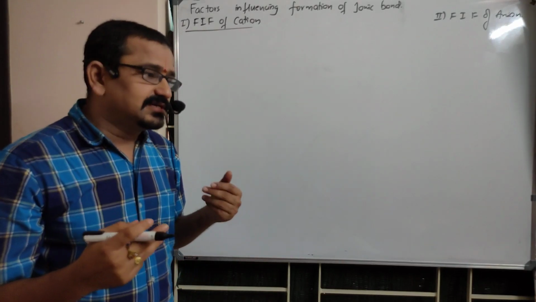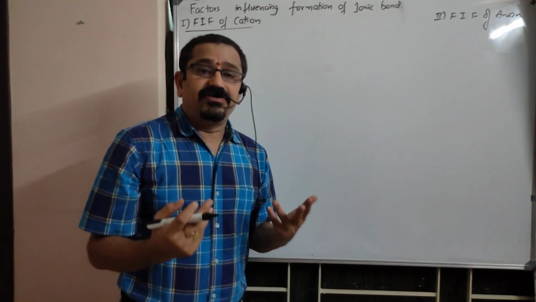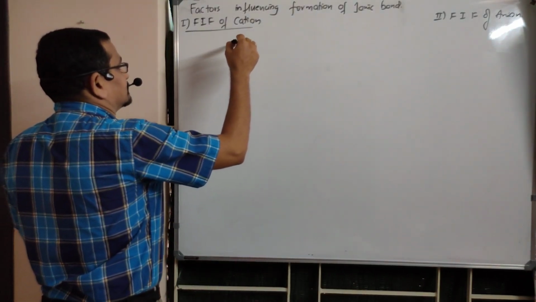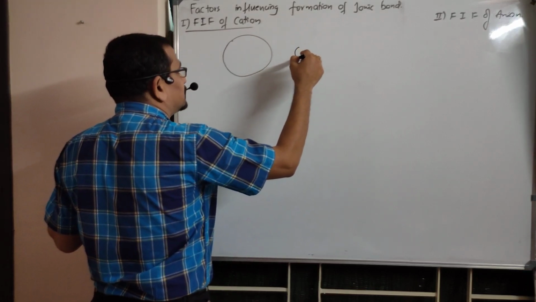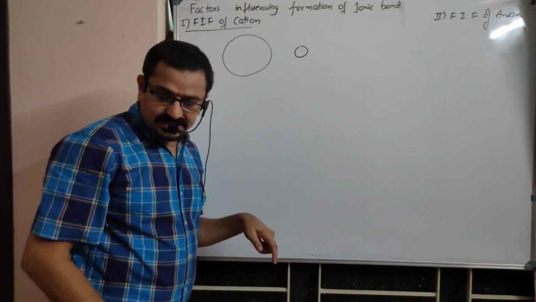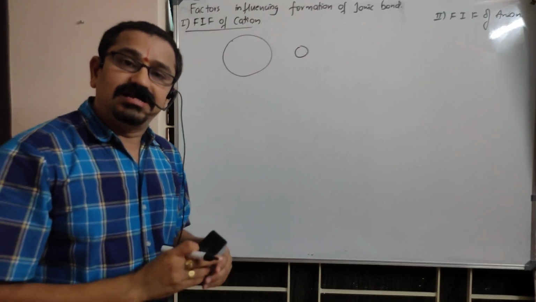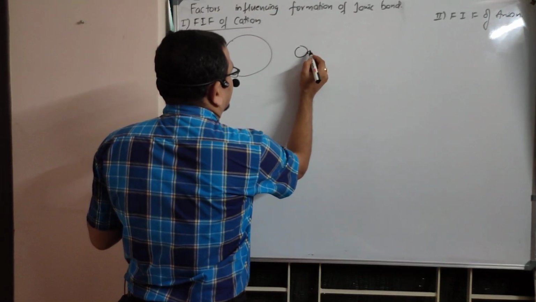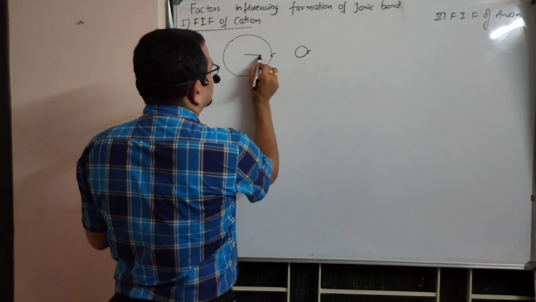From what type of atoms can we remove an electron? Tell me. See, I will give you two atoms. One is a larger atom, the other one is a smaller atom. Among these two atoms, from which one can you remove an electron easily?